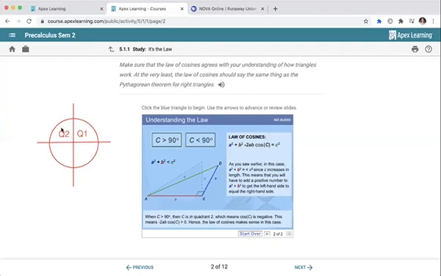And when we're dealing with cosine, we're dealing with our x coordinates. Since we are in quadrant 2 dealing with cosine, that means our x values, or our cosine values, are going to be negative. So in quadrant 2, cosine is negative.